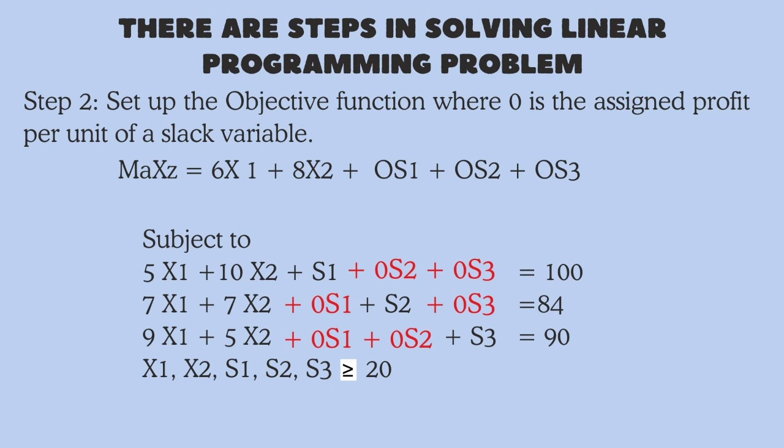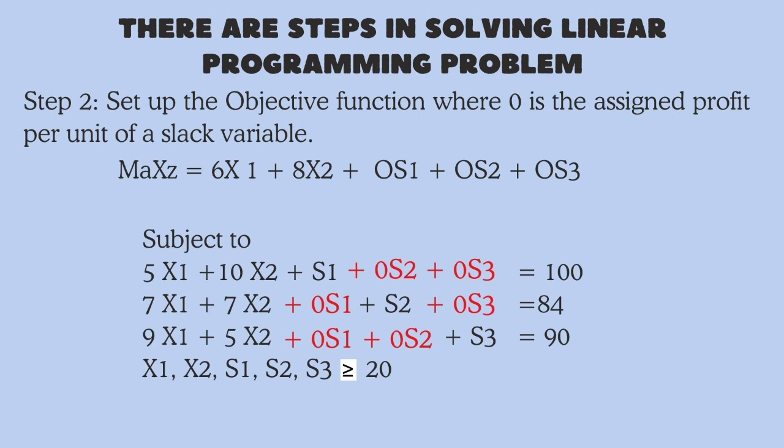So, S1, S2, and S3 are dedicated only to where they are placed. S1 is placed in constraint 1, then S2 and S3 are placed in constraints 2 and 3. And our x sub 1, x sub 2, S1, S2, S3 is greater than or equal to 0.